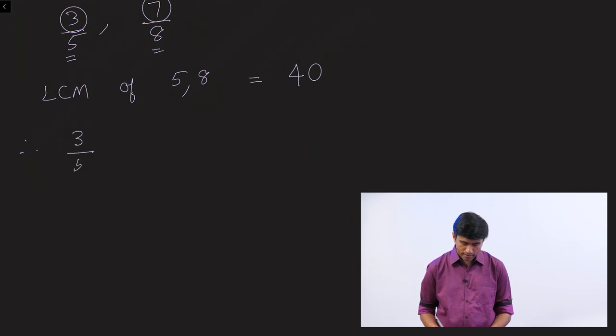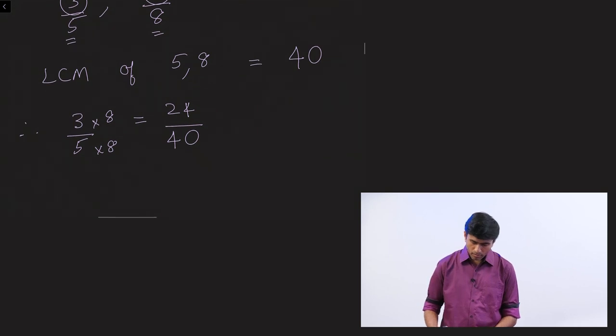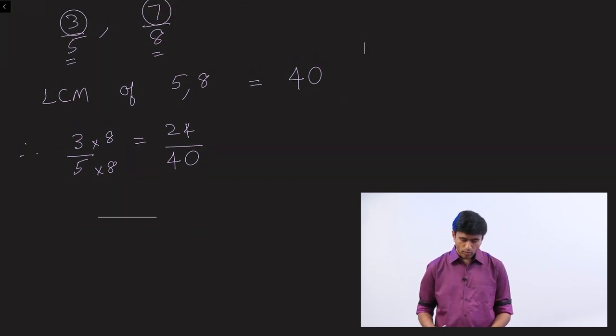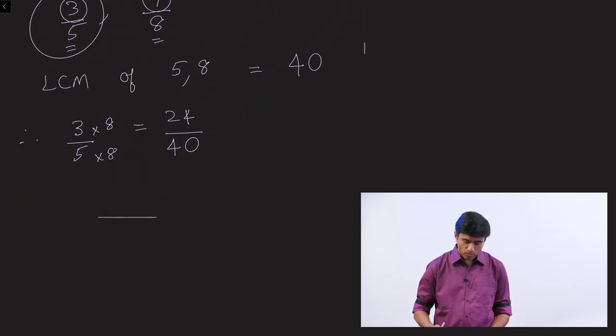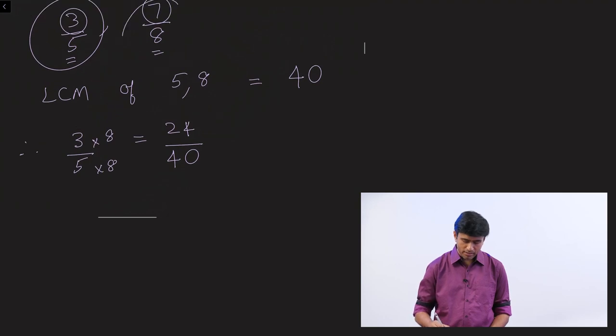Now, you need to multiply the numerator and denominator by 8. What are we doing here? We are trying to change these two fractions into like fractions.